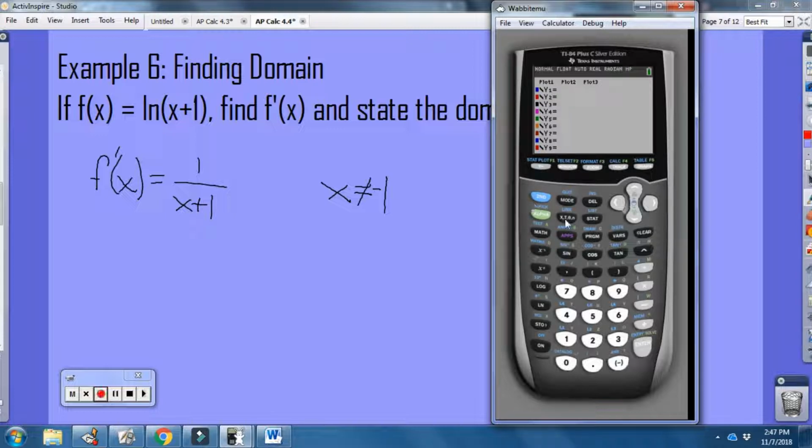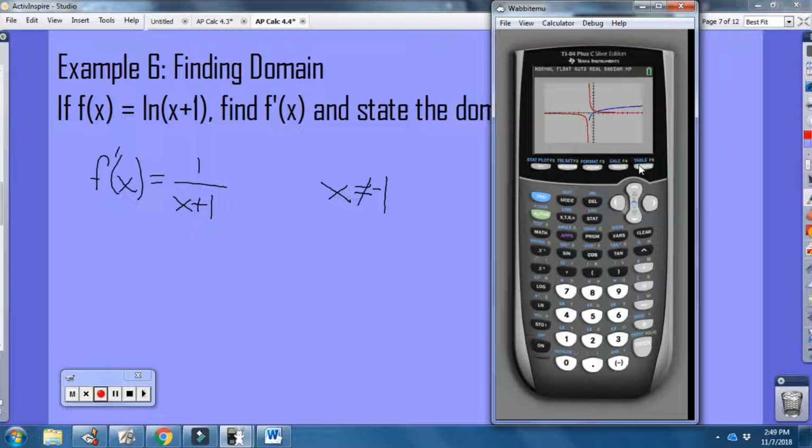Let's look at the 1 over x plus 1. So the only problem with the domain here is at negative 1 because it has an asymptote. But if you remember what natural log looks like, the equation of the original function is the blue function, natural log of x plus 1.